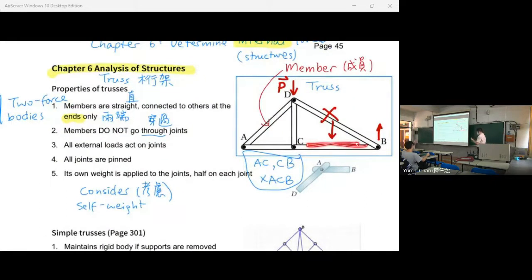If we have 100 newtons as self weight, we cannot put it there. So we put 50 newton to the left, and we put 50 newton to the right.